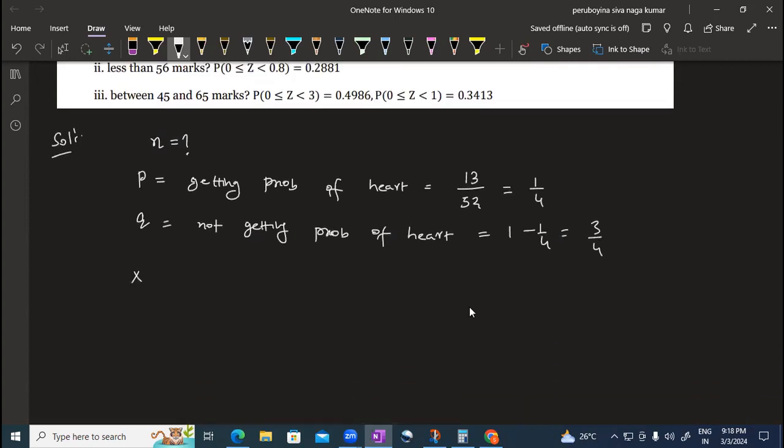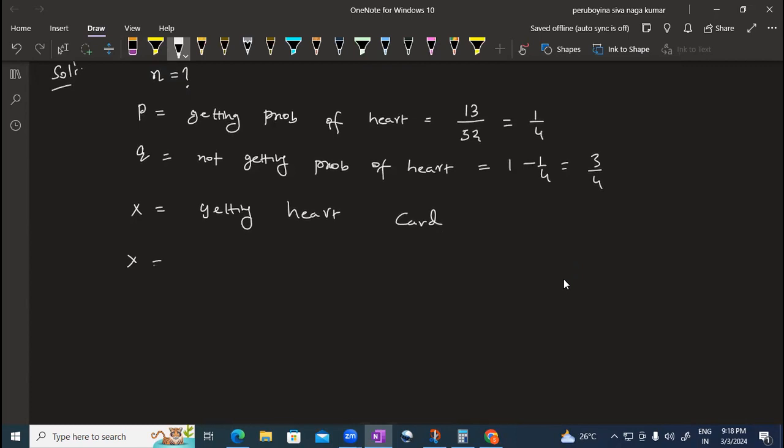Okay. Here the variable x can be getting heart card of n draws. Now x can take values of 0, 1, 2, 3, and so on, and at last the value will be n. We need to calculate this n value.